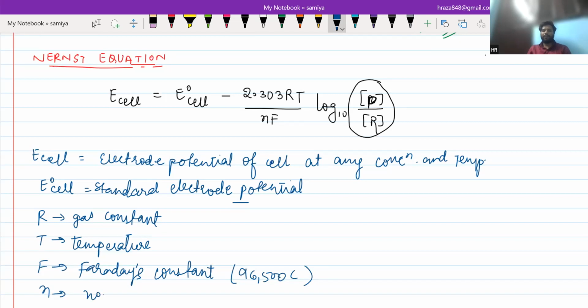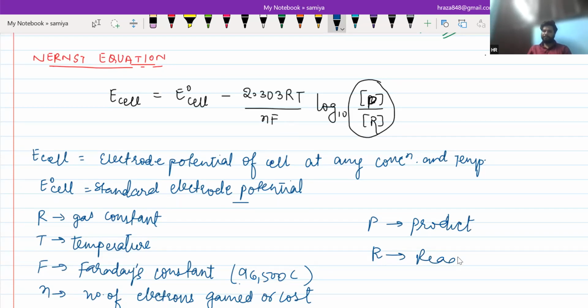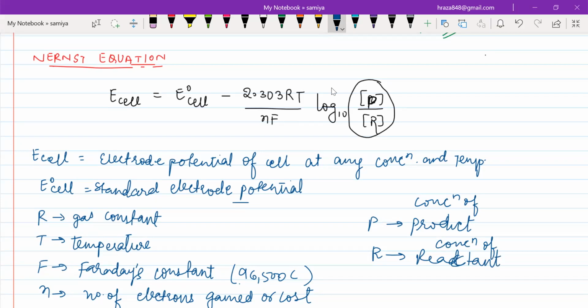N is the number of electrons transferred, gained or lost. P is product and R is reactant. Since they are in square brackets, this is the concentration of product, and this is the concentration of reactant. So please write all this, then I will modify this formula.